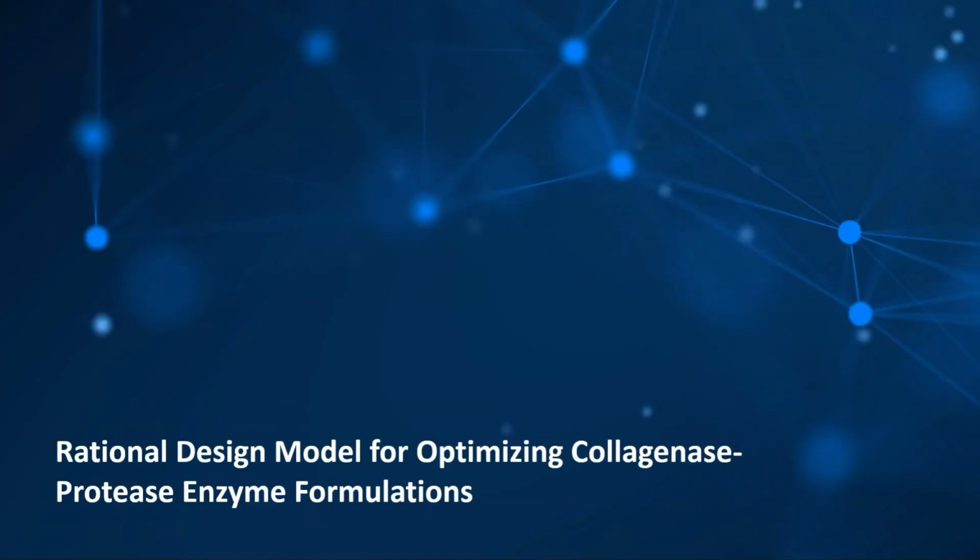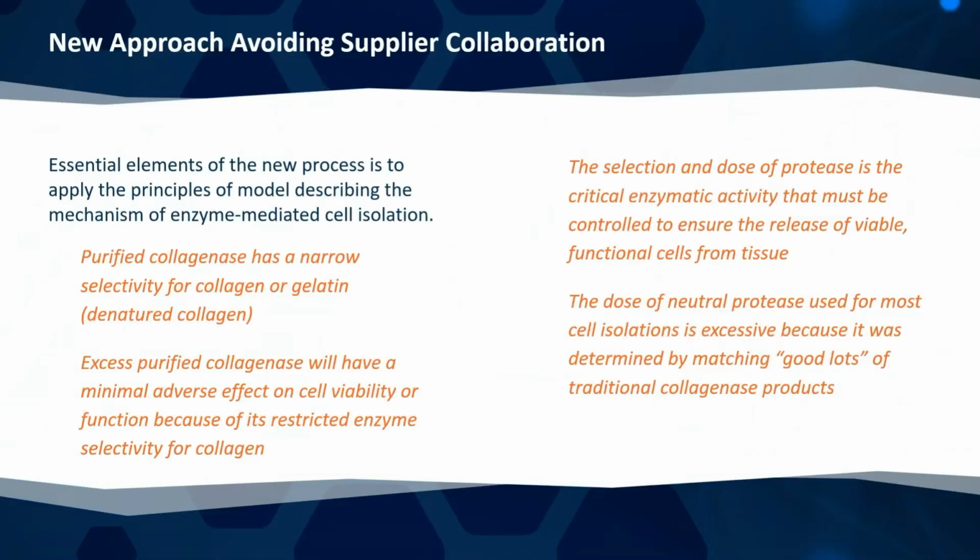So what I'm going to show you is a model that I've developed with two of the products we manufacture, the PD collagenase products. But this new approach to avoid supplier collaboration is that you just take the elements I've shared with you with this model.